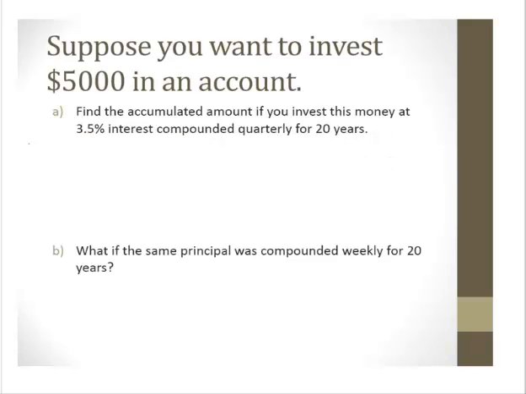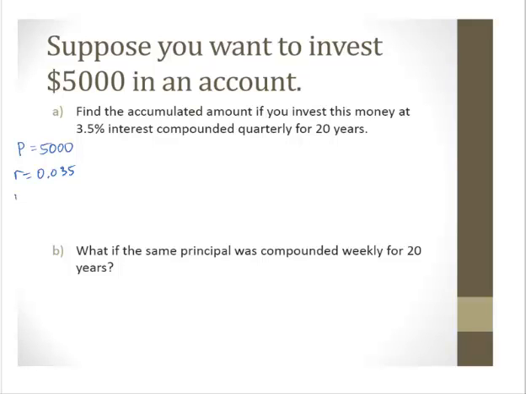Suppose that you want to invest $5,000 in an account. Find the accumulated amount if you invest this money at 3.5% interest compounded quarterly for 20 years. So if we are investing $5,000, then the principal, P, is 5,000. At 3.5%, R would equal 0.035.